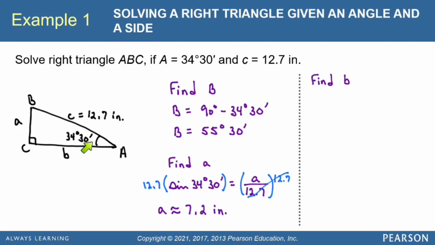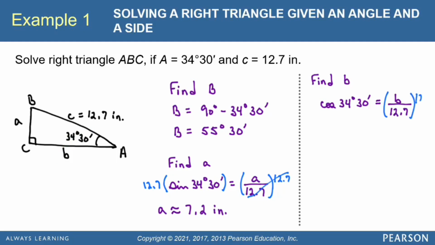So I'm going to use angle A again, and this time, since I'm looking for B, I know that's the side adjacent to angle A, and still side C is the hypotenuse. So adjacent and hypotenuse makes us think of the cosine function. So now we're going to write the cosine of 34 degrees in 30 minutes is adjacent over hypotenuse, so that's B over 12.7.